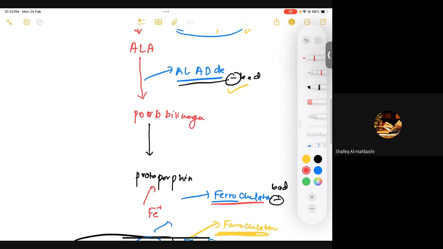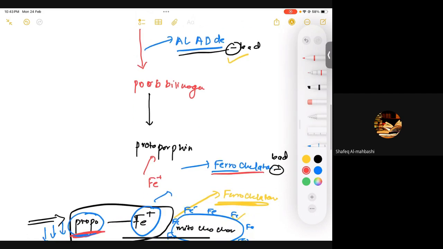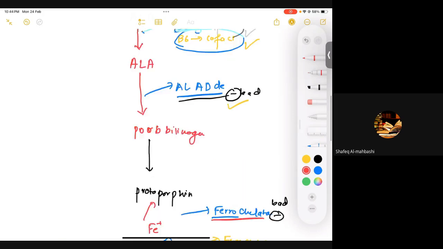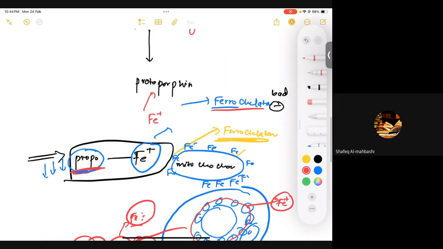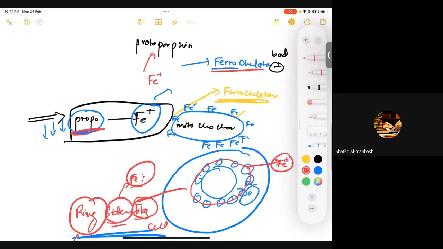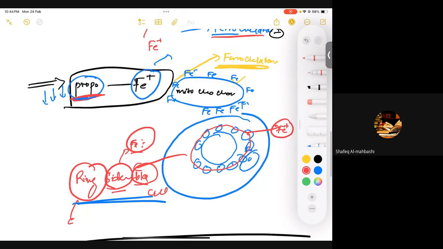Then we are going to have formation of protoporphyrin, and the enzyme ferrochelatase is going to integrate the iron into protoporphyrin. So any problems with the respective enzymes which we are discussing could lead to microcytic anemia. And here we were discussing the problems with ferrochelatase. Iron is going to be trapped within the mitochondria because it does not have anyone to bind to, right? And as a result of that, it will just form a ring around the nucleus, which is known as ring sideroblast.